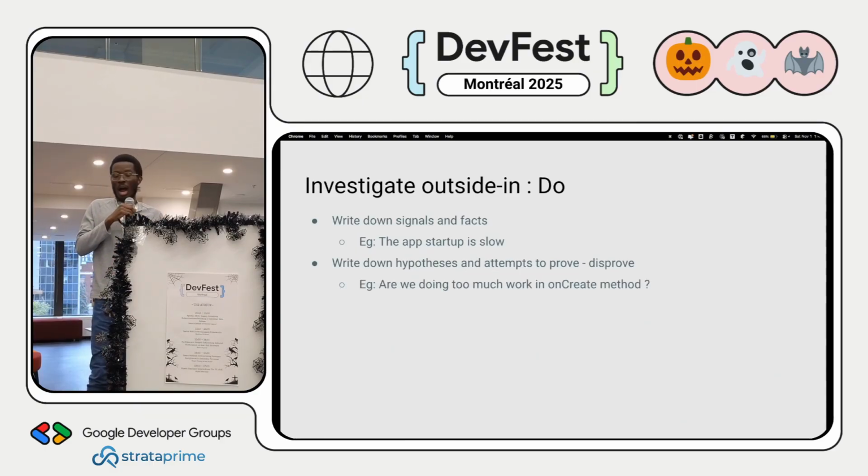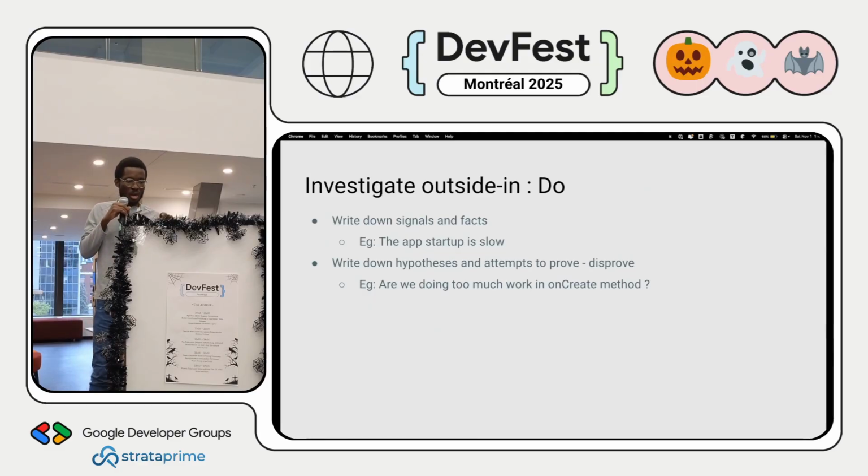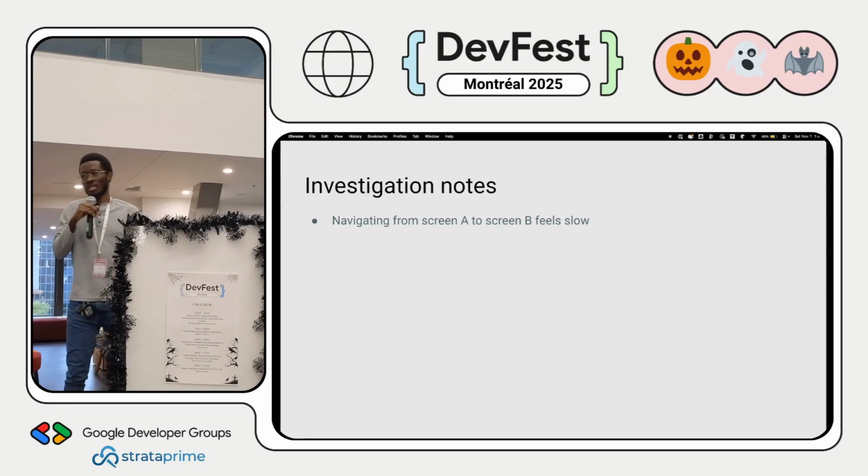For example, are we doing too much stuff in the onCreate method? Or are we doing too much stuff on the main thread or something like that? Try to write those down, right? And after that, you try to create what I can call your investigation note. For example, you can write down the navigation from, let's say, screen 1 to screen 2 is kind of slow.